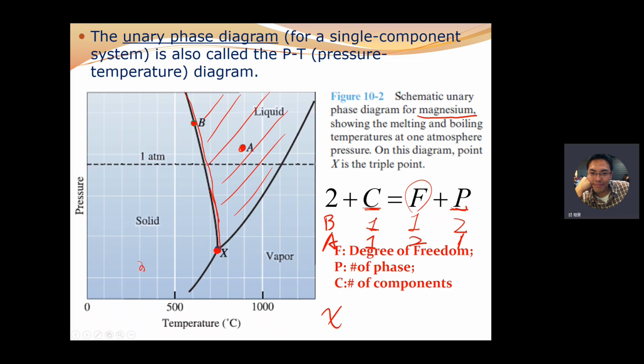Therefore, we can only have the specific pressure and temperature that the three-phase point can reach. Still the component is 1 and the phases is 3, right? So degree of freedom is 0.